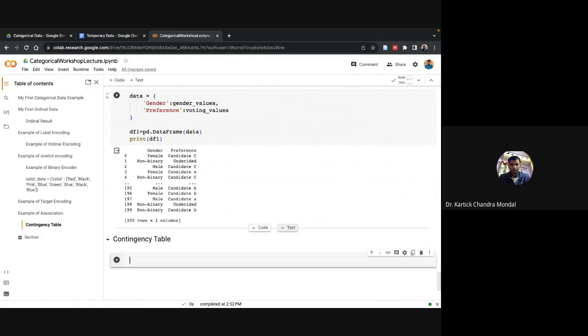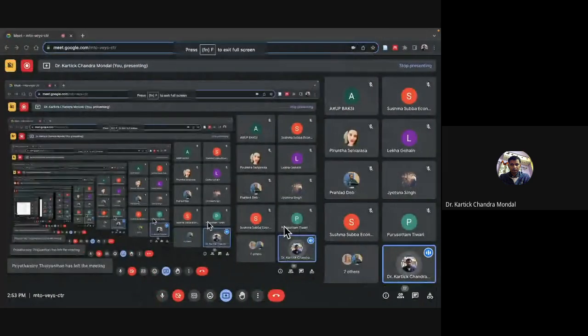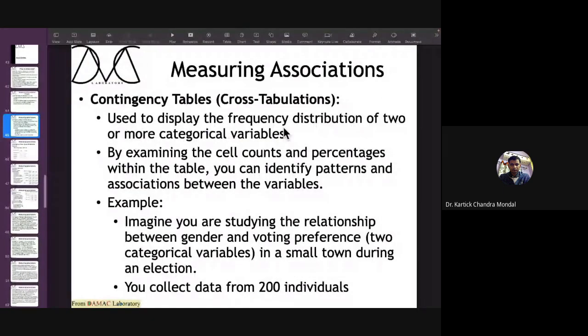So for this, in Pandas, the contingency table has another name, that is cross tabulation. Just for your easy understanding and memorizing, the contingency table is also called cross tabulation.